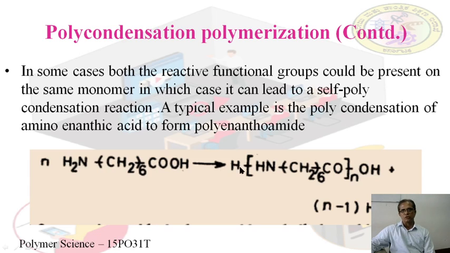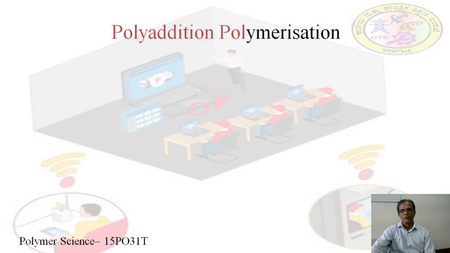In this case also the reactants are going to react, water is going to evolve, and a lengthy polymeric chain is going to form. So this way, if two different types of functional groups are present in the reactants, whatever product formation is there, that we call a polycondensation type of reaction.